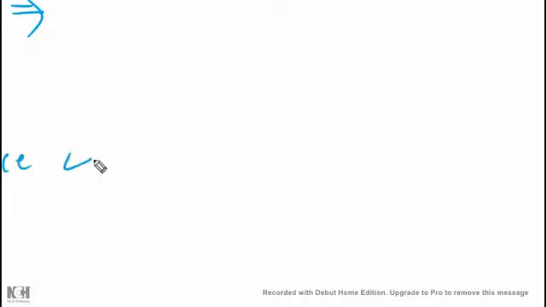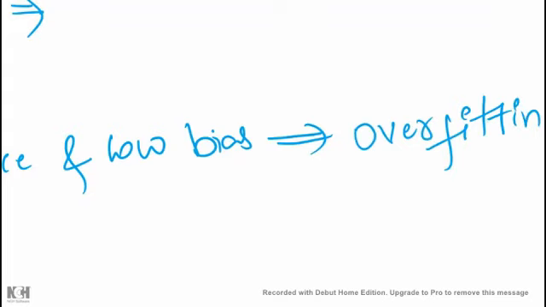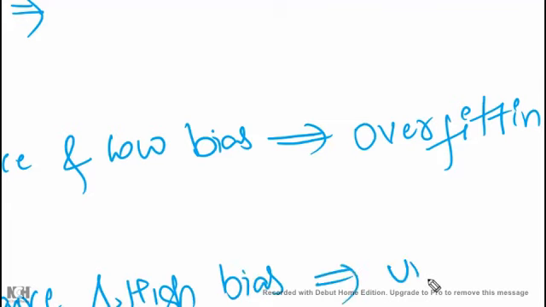Low variance and high bias is called an underfitting model.